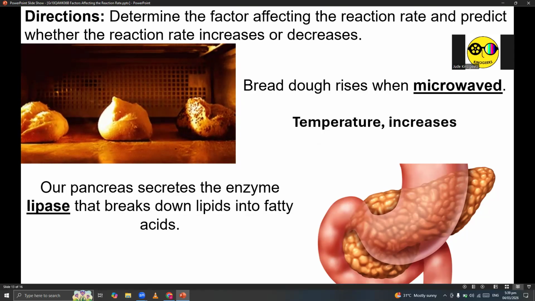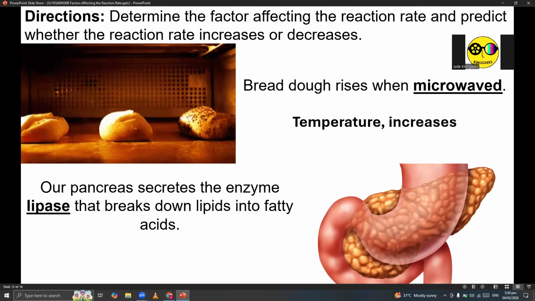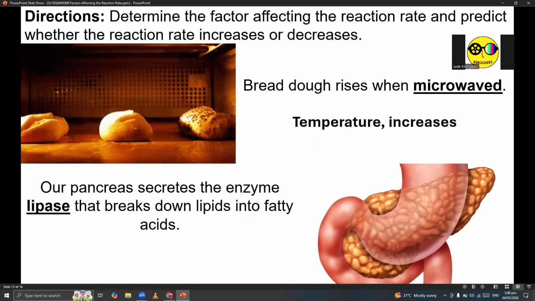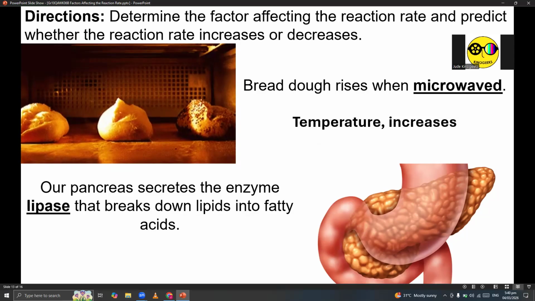Next, our pancreas secretes the enzyme lipase that breaks down lipids into fatty acids. So the purpose of the lipase secreted by our pancreas is to break down big chunks of fats or lipids into fatty acids. Without the presence of lipase in our body, every time we eat, then probably we will become more and more obese. That's why the lipase in the pancreas is very important, just like any other biological enzymes in our body.